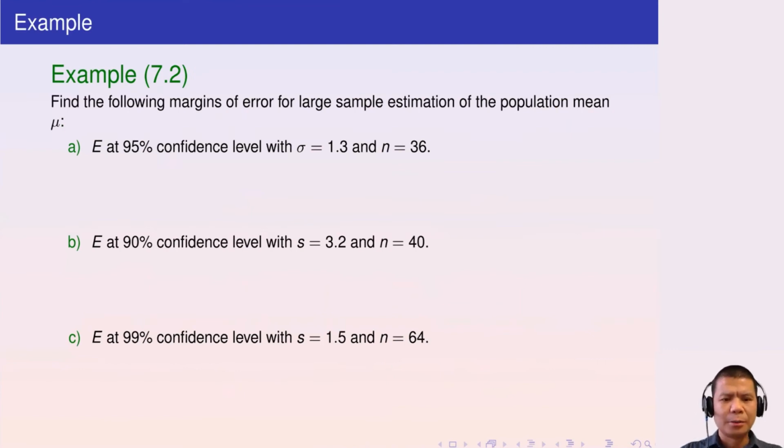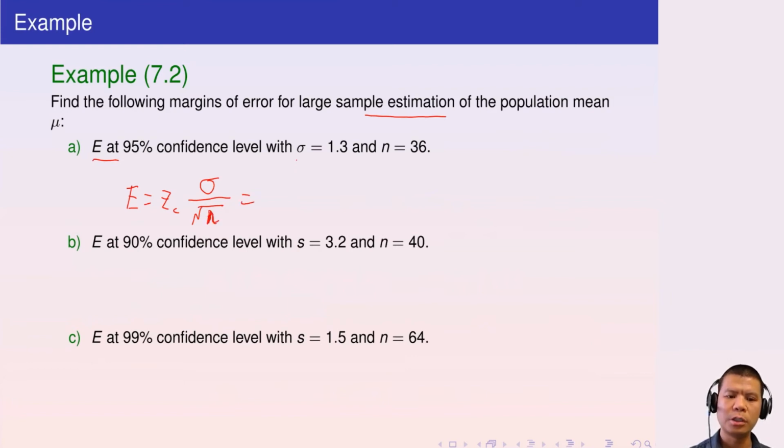Now we're ready to solve some examples for the margin of error. Find the following margin errors for large sample estimation of the population mean. For A, we want E equals ZC times sigma over square root of n, since sigma is known, with n equals 36.